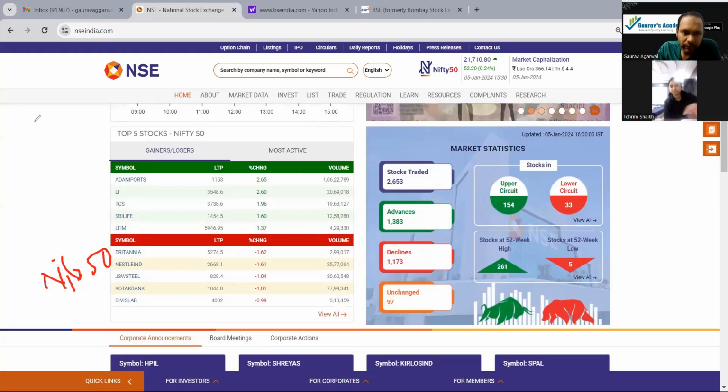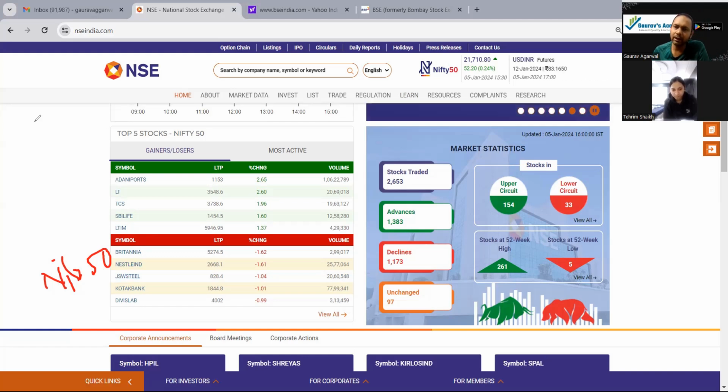Here you can see the top 5 stocks of Nifty 50, the gainers and losers on that day. Adani Port, L&T is Larsen and Toubro, TCS is Tata Consultancy, SBI Life and LTIM. So these are the top gainers which are a part of Nifty 50. And then the losers were Titan, Nestle India, JSW Steel, Kotak Bank, and Divi's Lab.